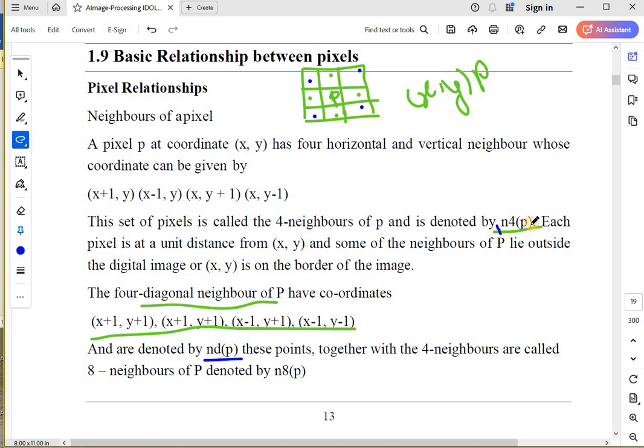Now this N4 of P and this ND of P together are called the 8 neighbors of P, denoted as N8 of P. So you should know 3 things over here.